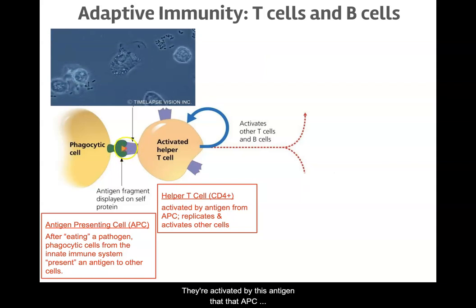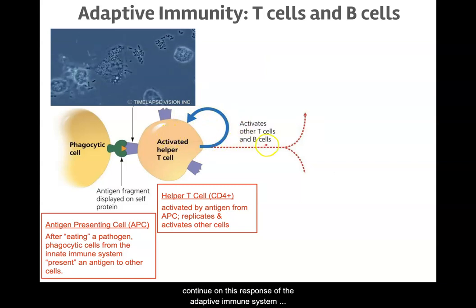They're activated by the antigen that the APC presents to them. They're called helper T cells because they don't necessarily attack the substance that's invading the body. They promote other cells to do that, so they're kind of the messenger. They also replicate more helper cells to continue this response of the adaptive immune system.